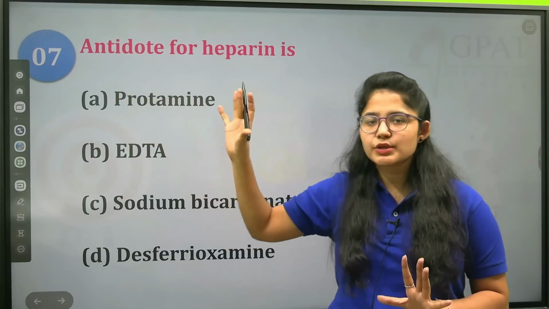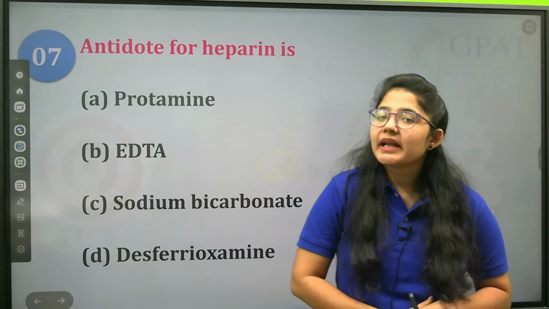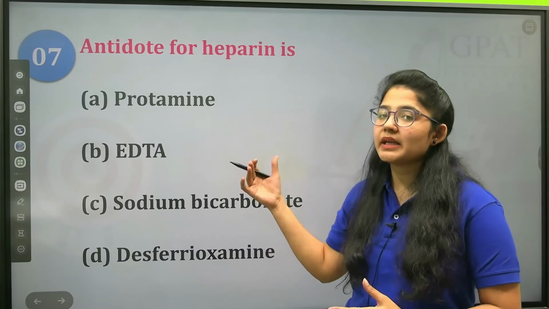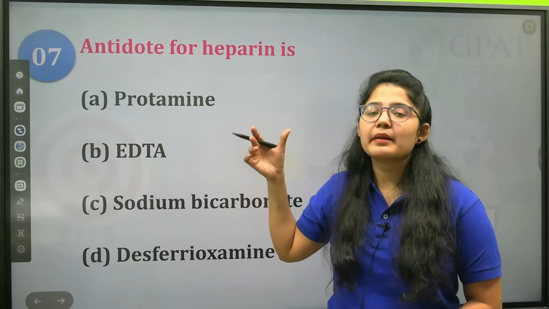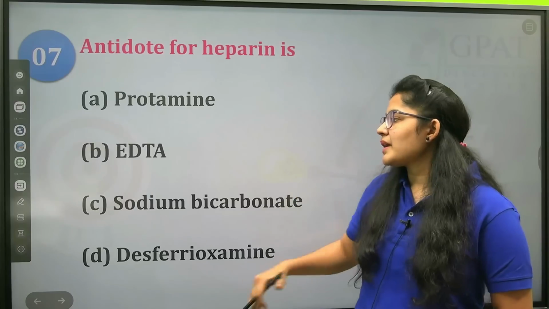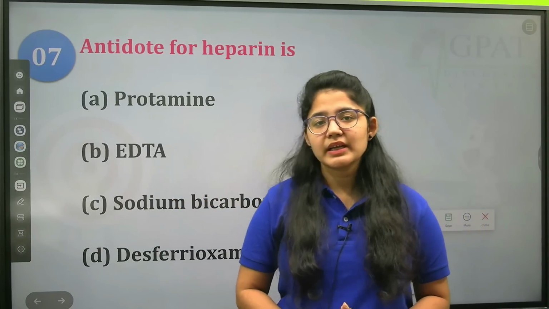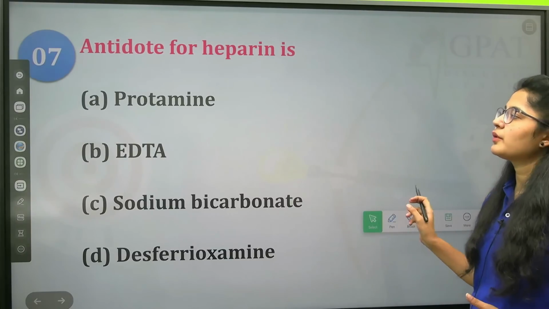Clear? Understood? Now, heparin is what? Heparin is an anticoagulant. In case you get an overdose of heparin, it can be treated with protamine. EDTA is responsible for treating lead poisoning. Clear? That is a chelating agent. The correct answer will be protamine.